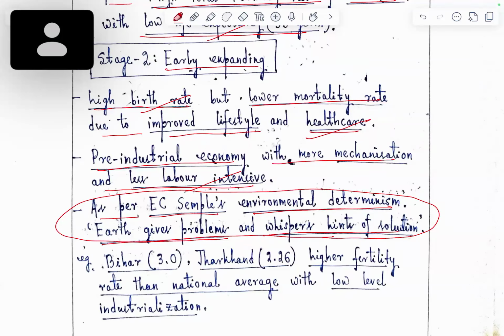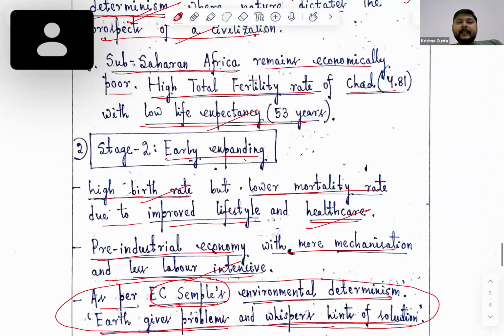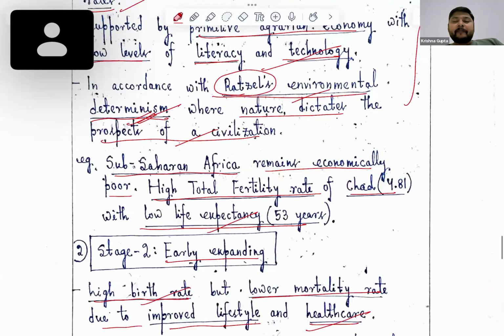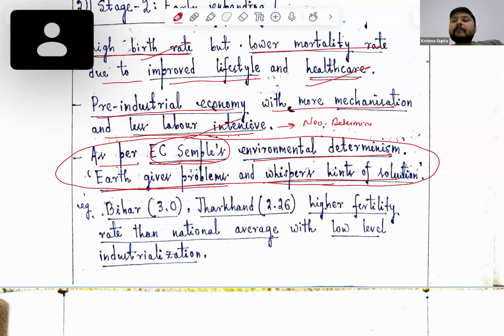Actually, what we are seeing is that we are using environmental determinism of Ratzel here, and here we are using the environmental determinism of Semple. Okay. So using it here, we can see that yes, the determination is more by the environment, but instead of environmental determinism, you can add here more neo-determinism. Okay, why?